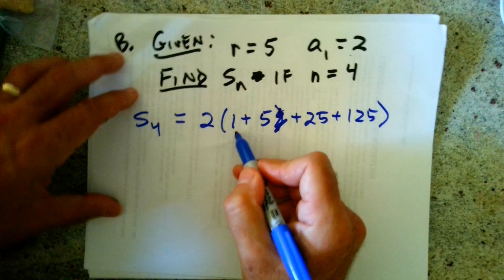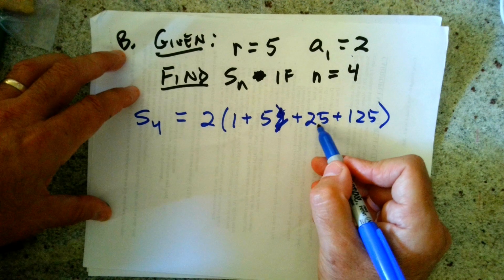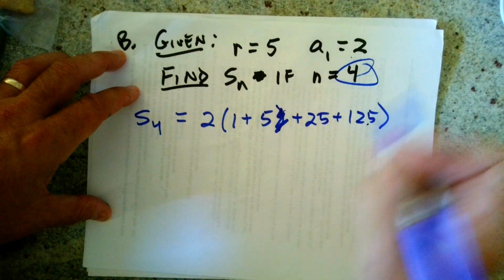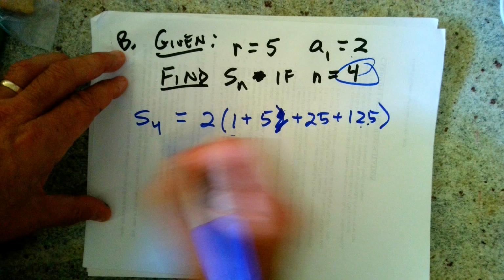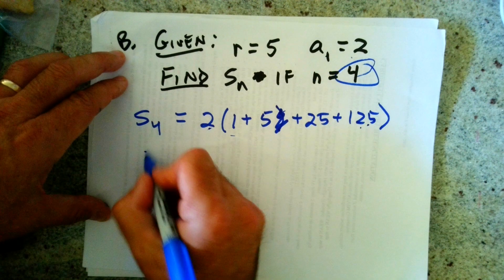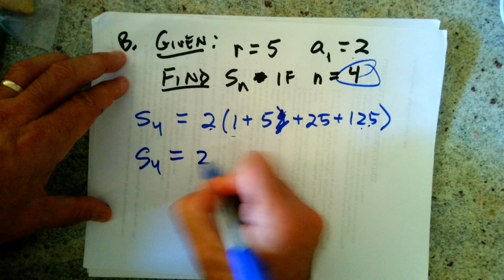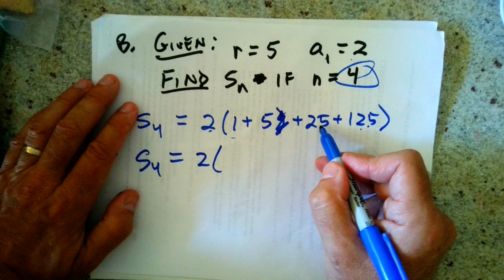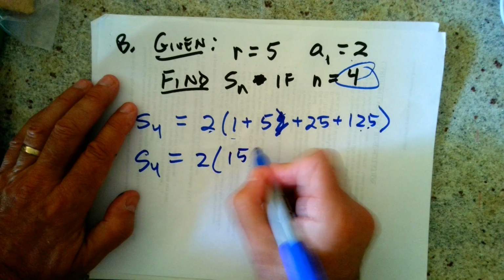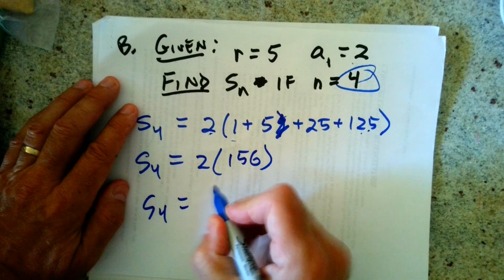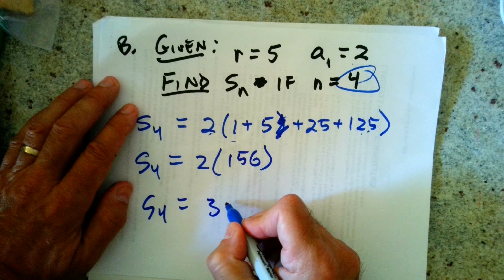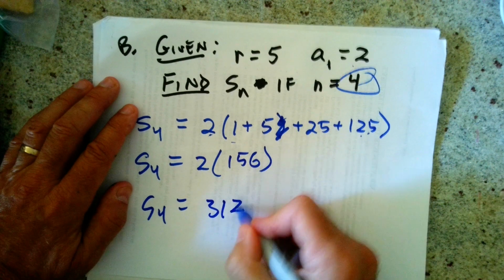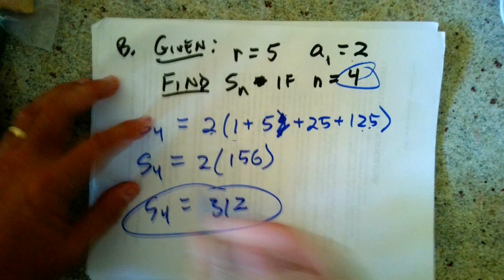Okay, see what I did? 1 plus 5 plus 5 squared plus 5 cubed. 4 terms: 1, 2, 3, 4. All right, and the multiplier out front is a 2. So let's add these up. 125 plus 5 plus 25 is 155, 156. S4 equals, what is that, 312? Looks like 312. Okay.